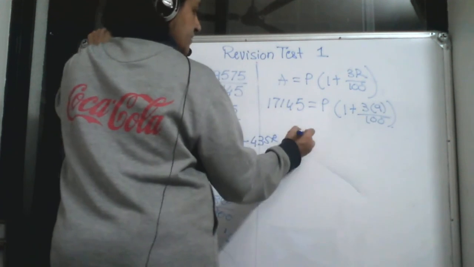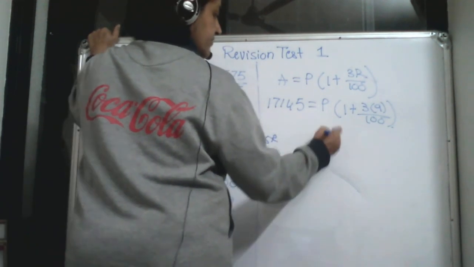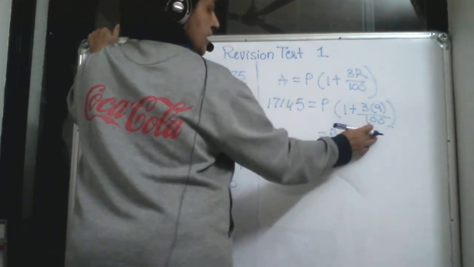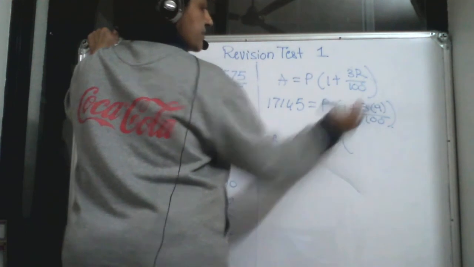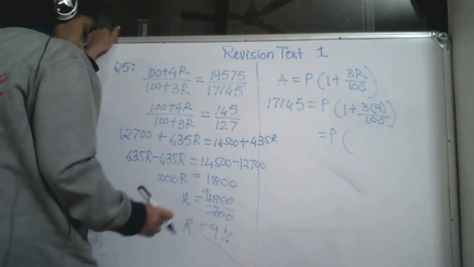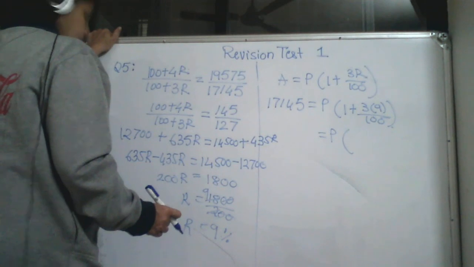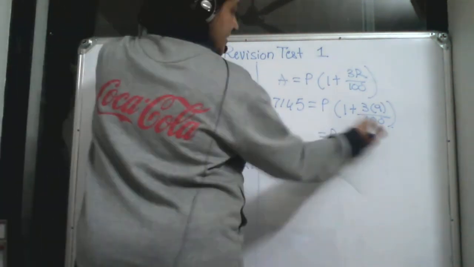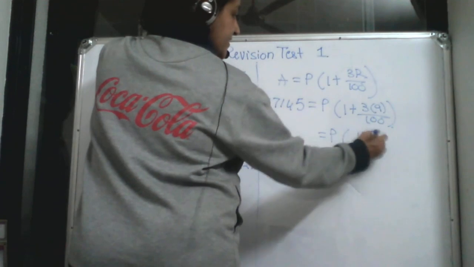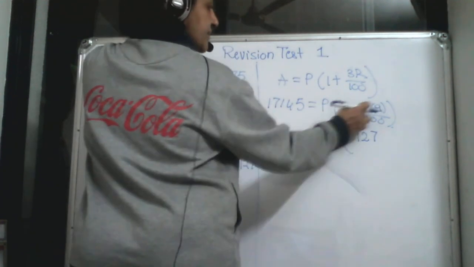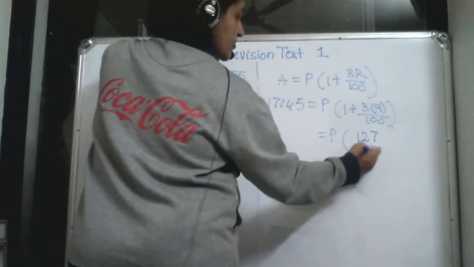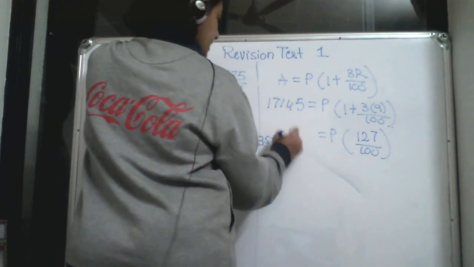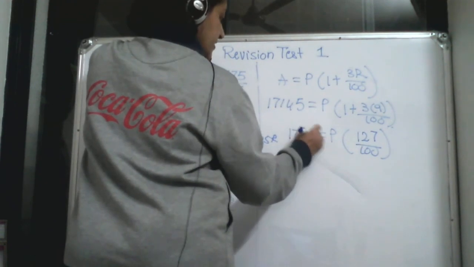You can simplify first. Here 100, and 9 threes are 27, so when you add it, 100 plus 27 gives 127 upon 100 for this, and 17145 will be this.